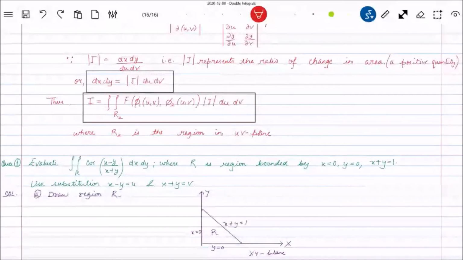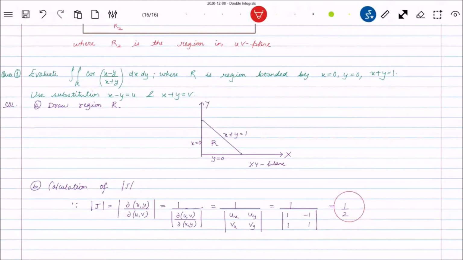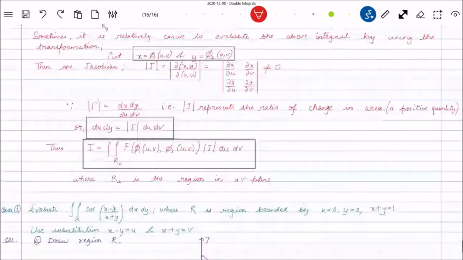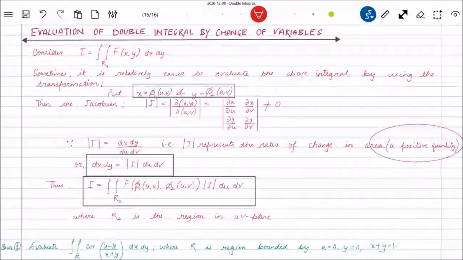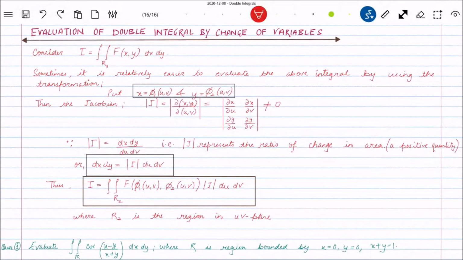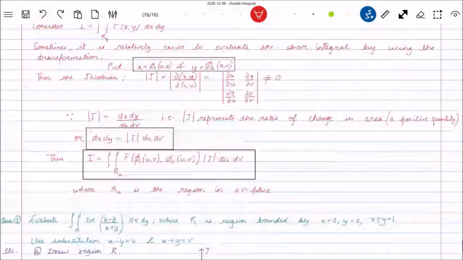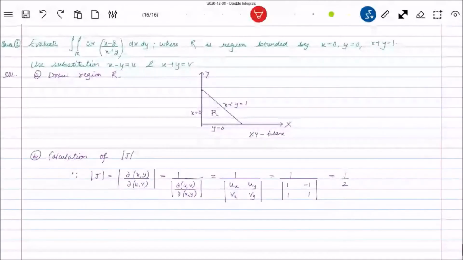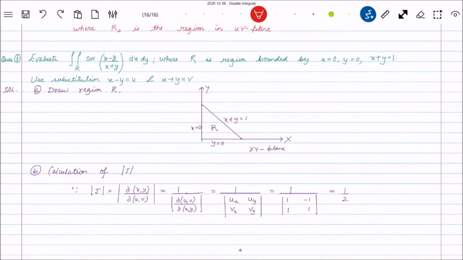Luckily, this is positive, so I need not take the modulus of this number. Sometimes it may be negative, then just take the positive sign. That's why this is very important, a positive quantity. Because in the last topic you have seen that the Jacobian determinant came out to be little r, and little r is always positive, the radial vector.